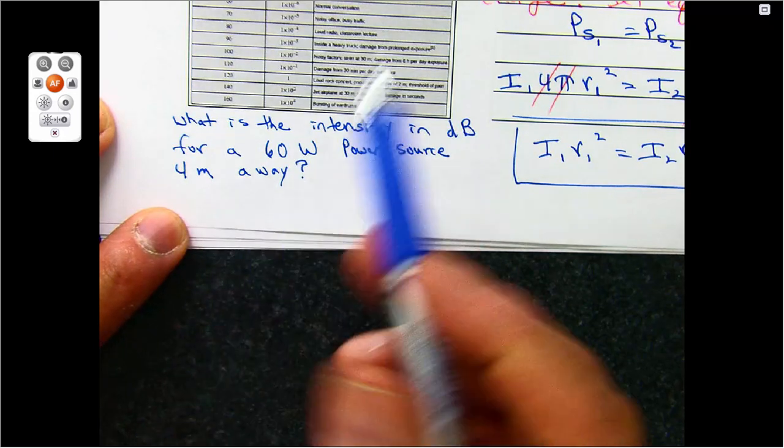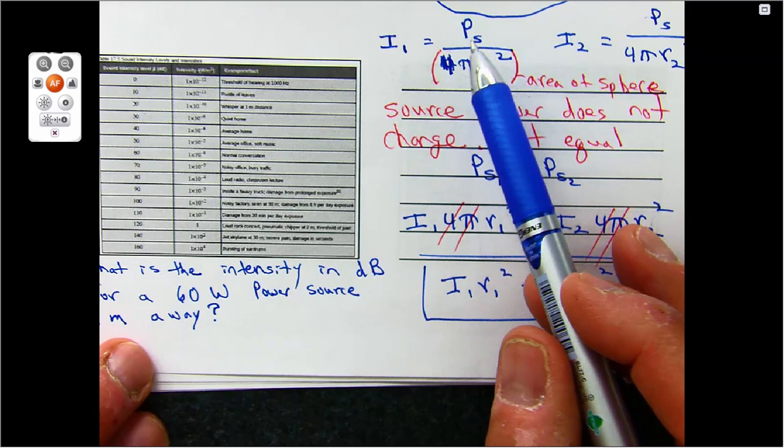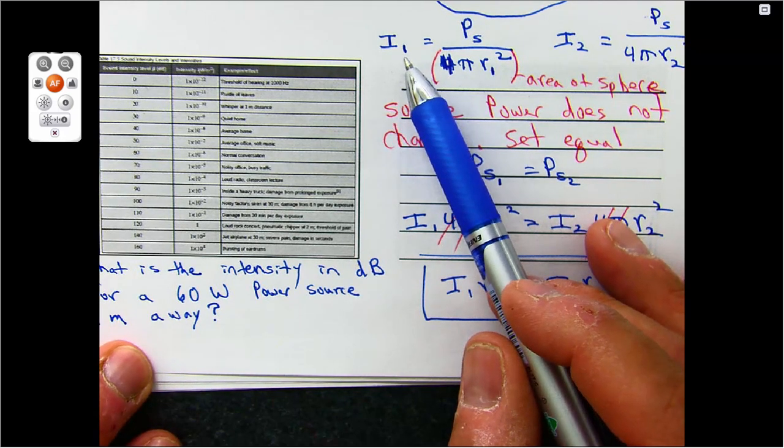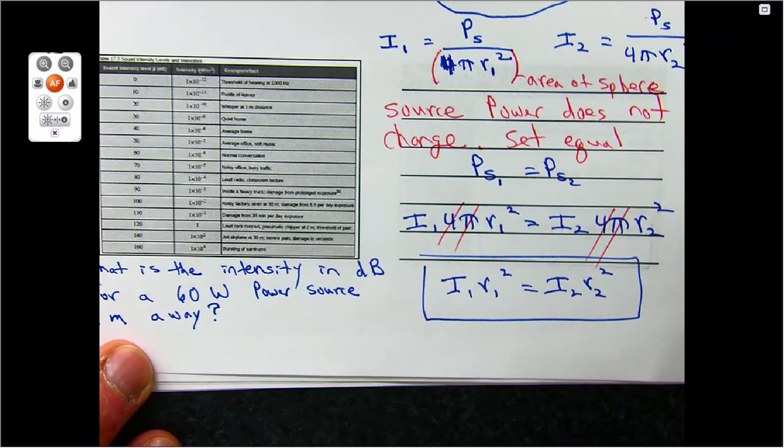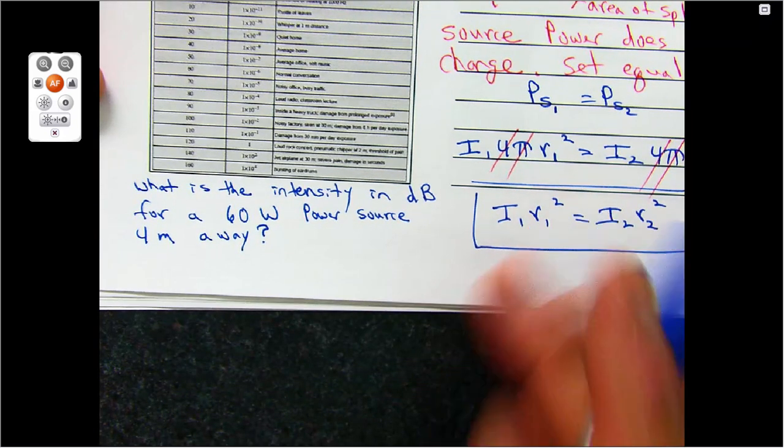So we're going to use this equation up here first to get our intensity. You get watts per meter squared, so that would be intensity.